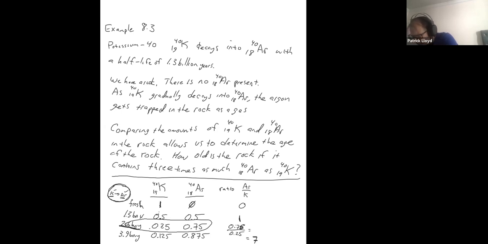That gives you a ratio 3. Now 0.875 over 0.125. That would be equal to 7.